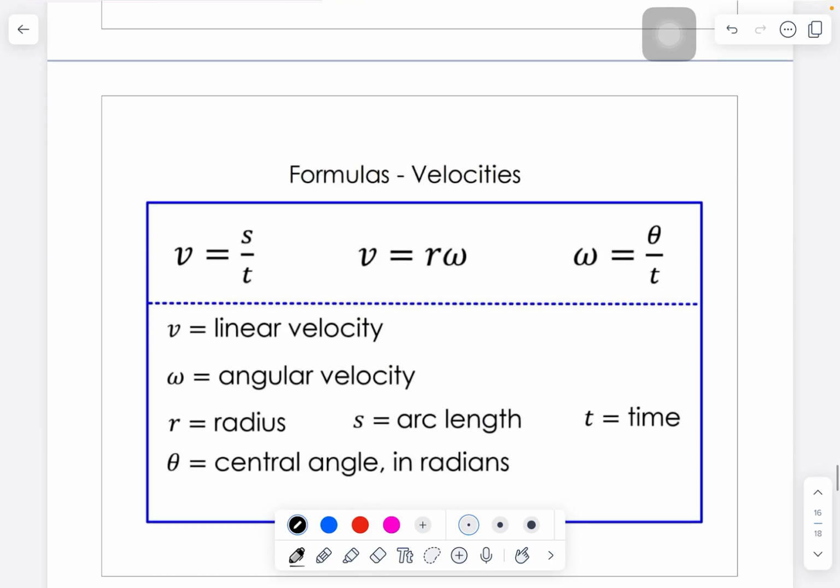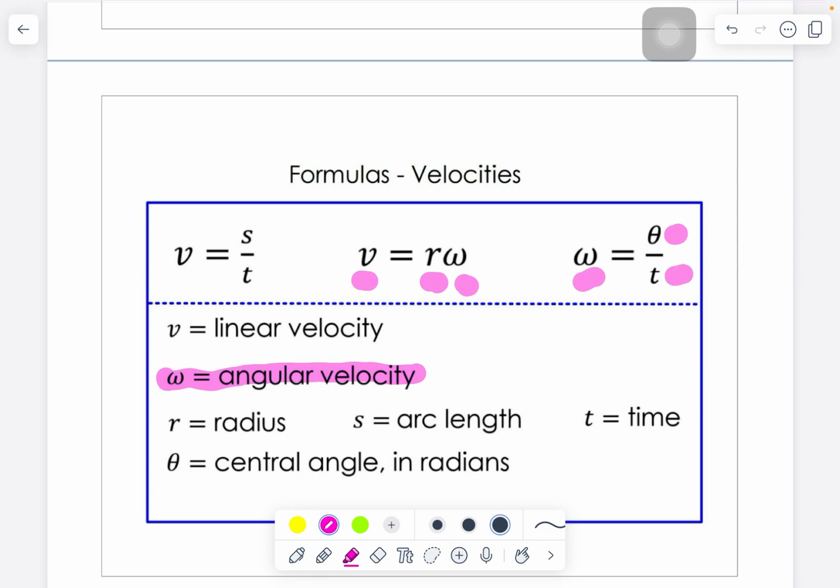Three formulas here. You got velocity equals the arc length divided by time. You got a new variable. It is a W looking thing. It is another Greek letter, but it talks about angular velocity. So you can get your velocity by taking the radius times the angular velocity. And the way you calculate your angular velocity is the central angle divided by some unit of time.